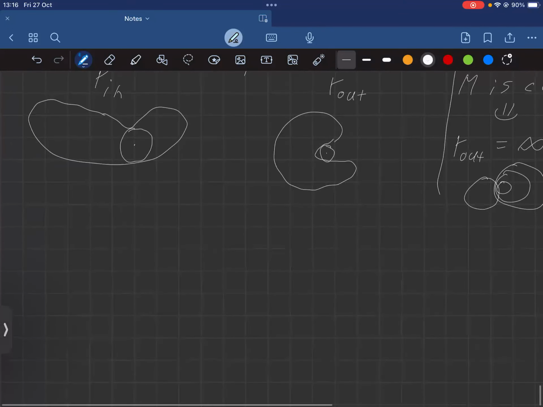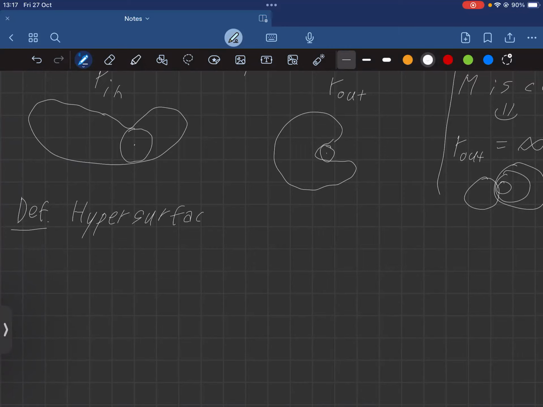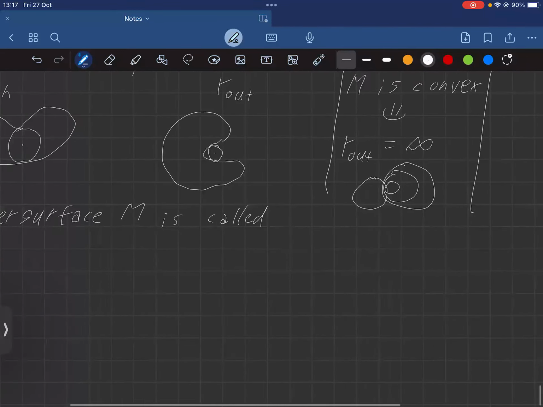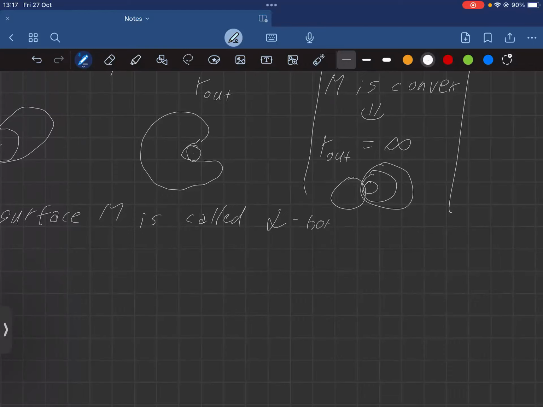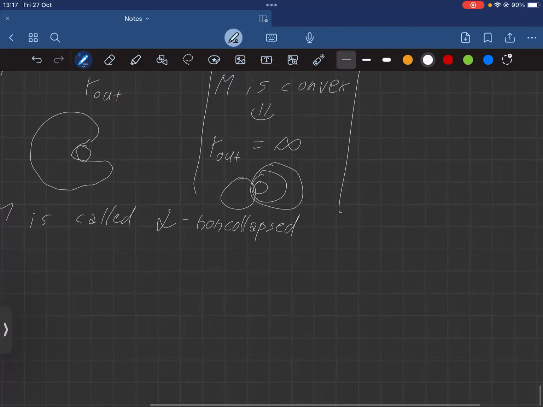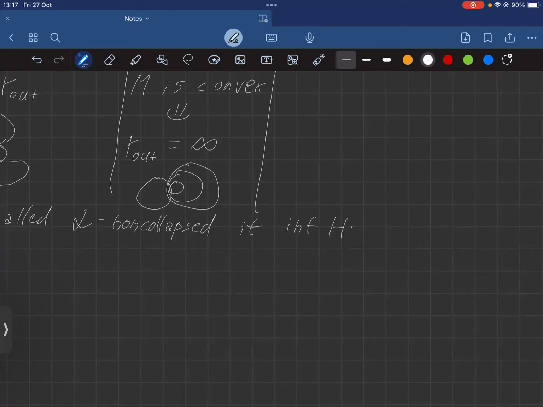And with this, we also introduce a new condition, a constant that's going to control our hypersurface. So maybe something like a definition. The hypersurface M is called alpha non-collapsed if the infimum of our mean curvature times the inscribed radius is greater than or equal to alpha.